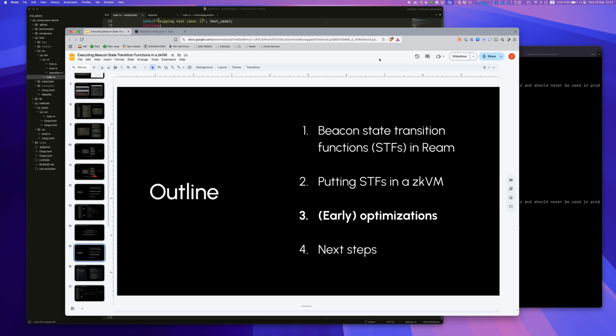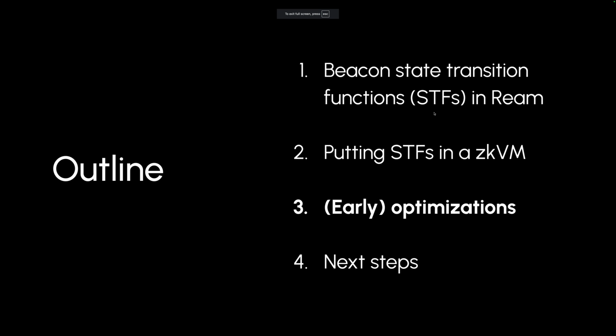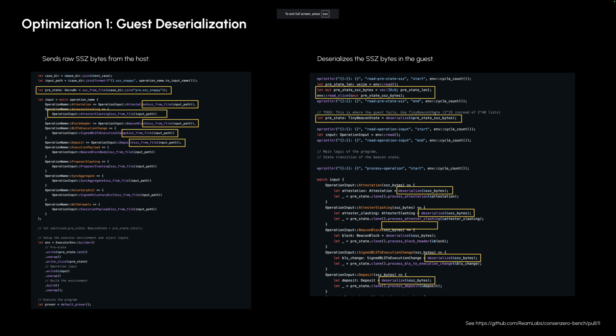Sorry, 30 minutes. I'll go a bit more quickly here. So, early optimization. We did some optimization so far. In our first attempt, we deserialized the SSZ inside the host and then passed the Rust native structs into the guest zkVM.